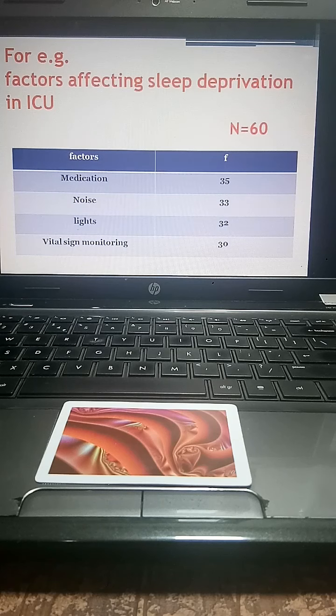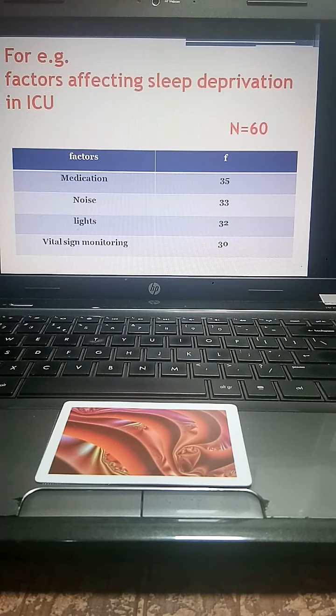Here I am taking the example, what are the various factors that are affecting the sleep of the patients who are admitted in the ICU. The total participants or the total subjects of the study I am taking here is 60, and the factors affecting the sleep are the medication, noises, light, or vital sign monitoring.